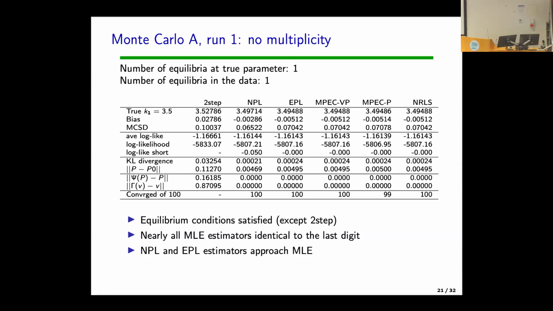Here we also compute the Kullback-Leibler divergence and the maximum absolute difference between the true conditional choice probabilities and the implied model ones at the estimated parameters. We also check if the first order best response functions are actually satisfied.